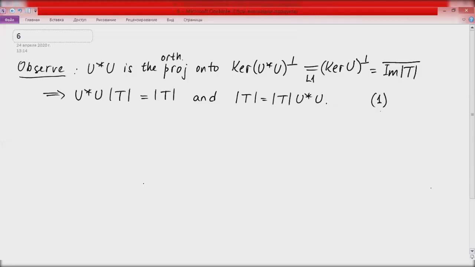Now to get the second polar decomposition formula, we do the following. So we already know that T is the following product. So by taking the adjoint operators, we conclude that T star equals modulus of T multiplied by U star.